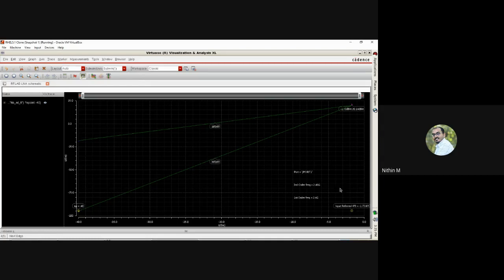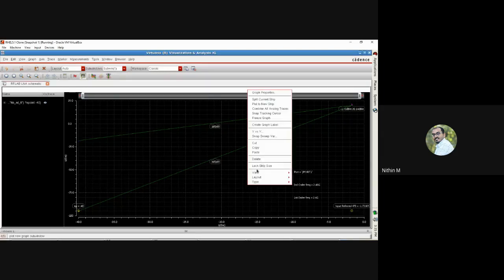Which is displayed here is IIP3 because I have selected that as the form which is required, and you can see that the IP3 value obtained is minus 1.72. I hope this is visible, or you want me to just change the background color?